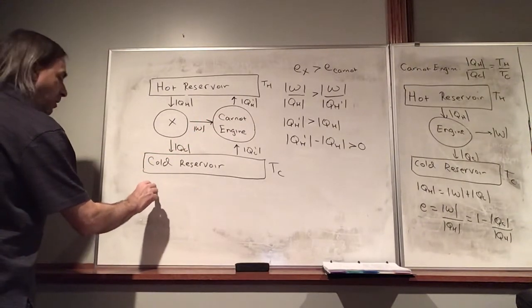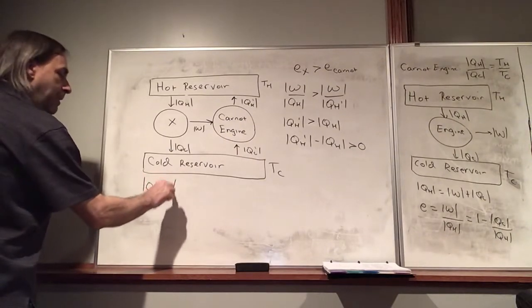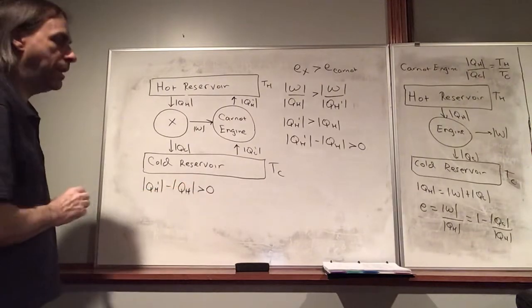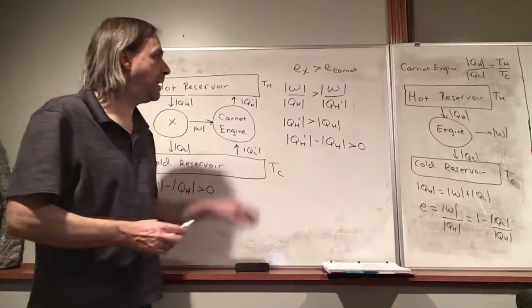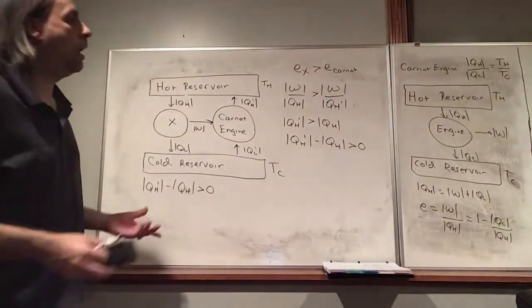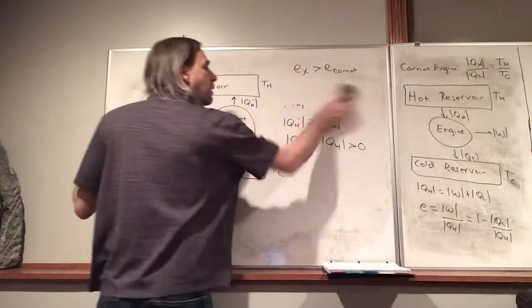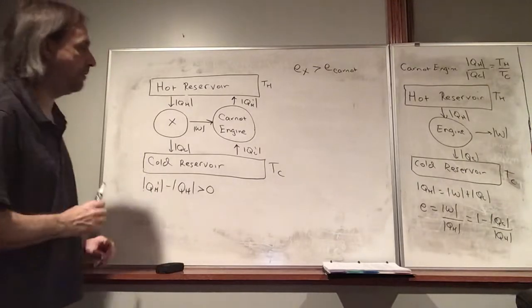So we have this result here, QH prime minus QH is greater than 0. And that comes from this idea that our engine, X, is more efficient than a Carnot engine. So I'm going to clear up some space here, but this is the result, which we'll come back to.